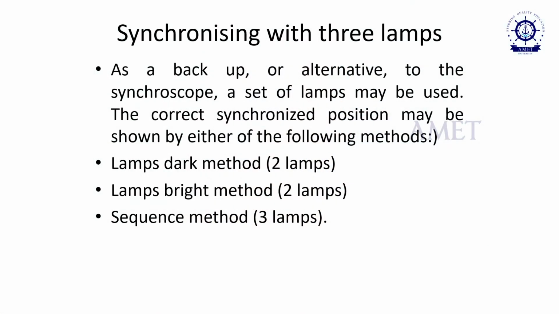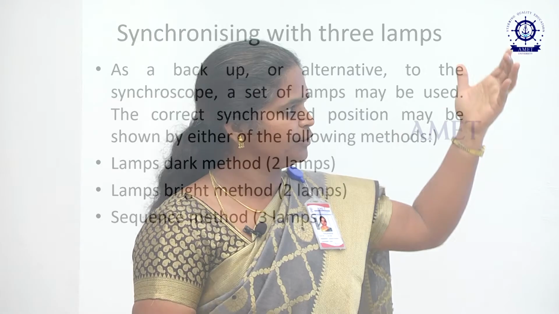Apart from using a synchronoscope indicator, some more methods are also available to check the parallel operation and the other necessary conditions for parallel operation. So, voltage, frequency and phase sequence. These are the three methods: dark lamp method, bright lamp method and sequence method.